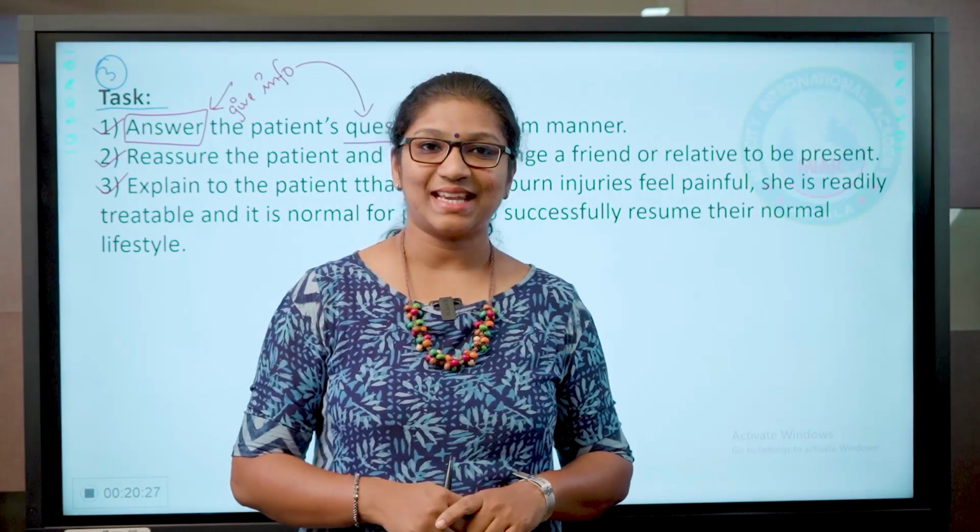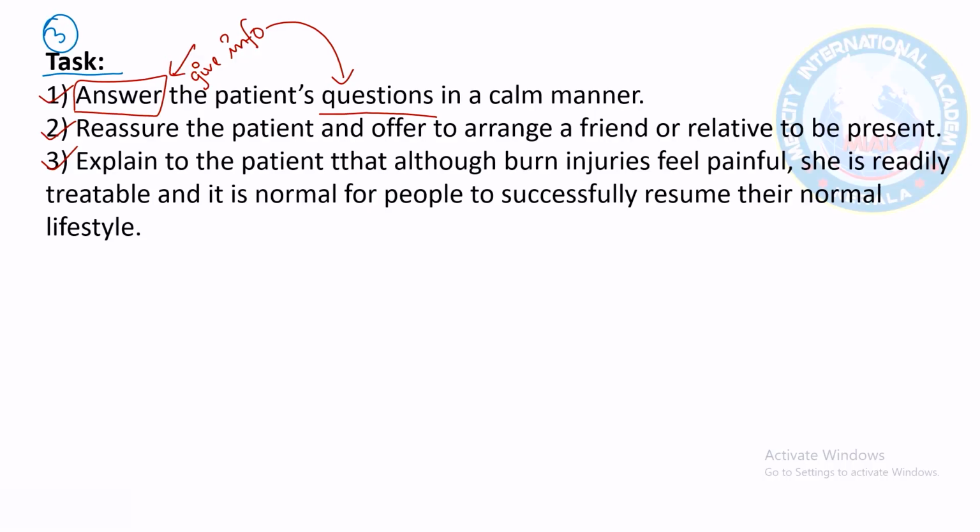Let's look at the second task. The second task asks you to reassure the patient, which means you have to build confidence, and which also means you will have to convince the patient.